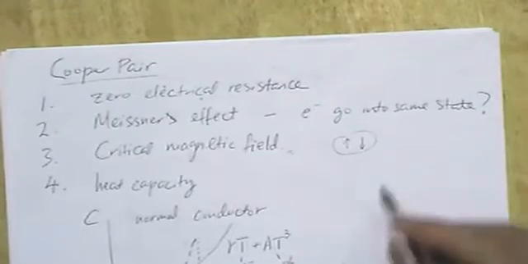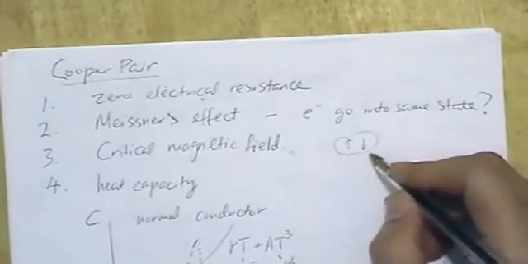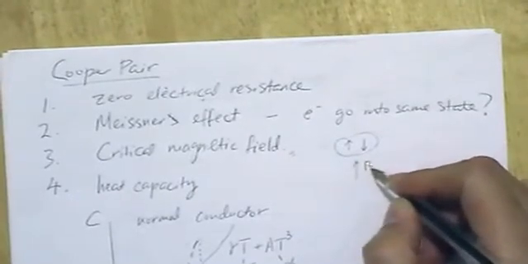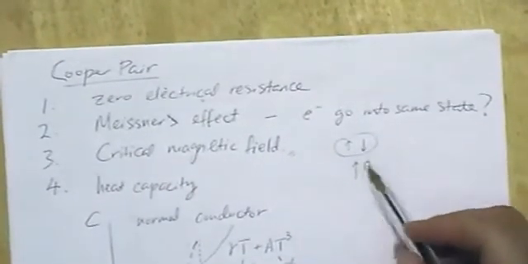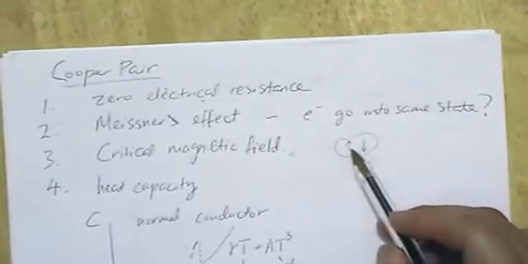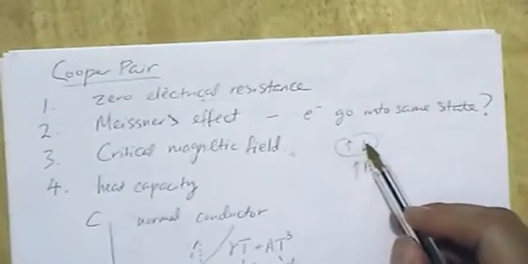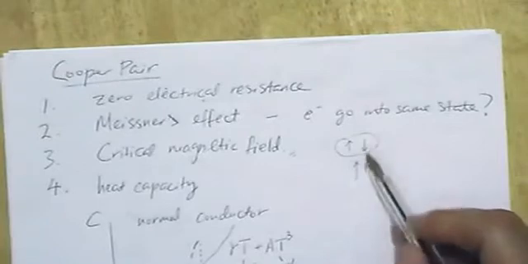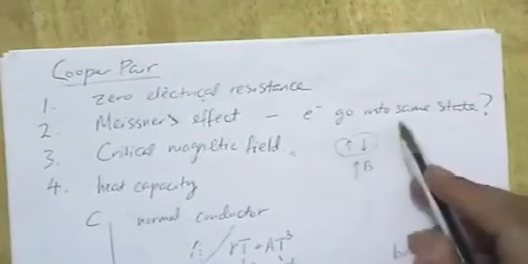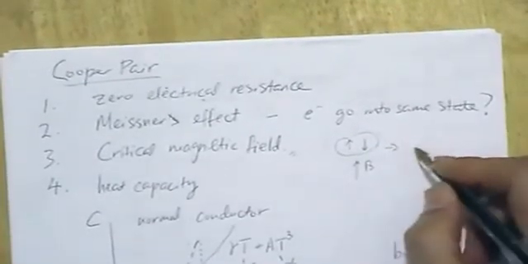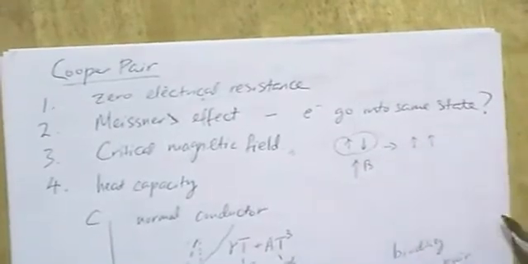Now what happens if we apply a magnetic field to this? Then if the field is big enough, it would force both the spins to align with the field, to point in the same direction as the field. So this becomes like that and like that.